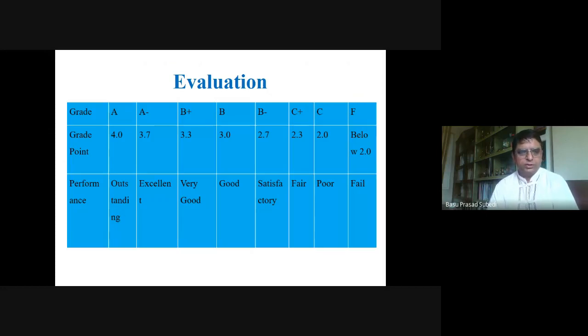And we have altogether 8 categories of evaluation, starting from outstanding, excellent, very good, good, satisfactory, fair, poor, and fail. So these are the evaluation techniques in this course.